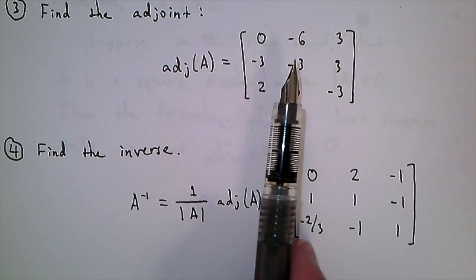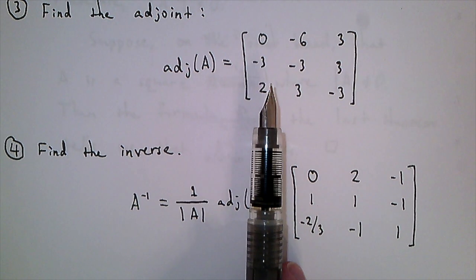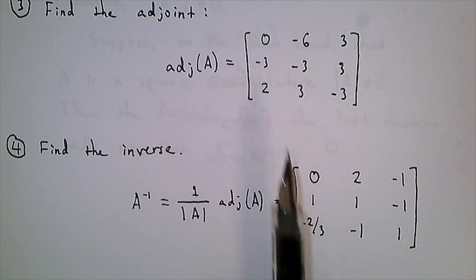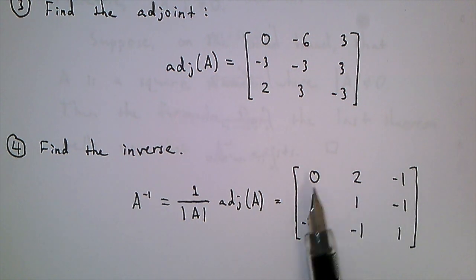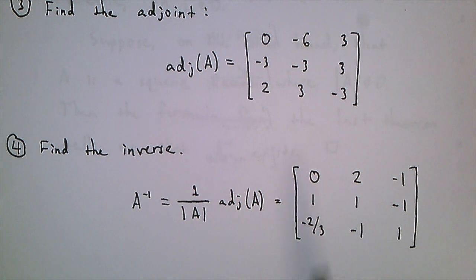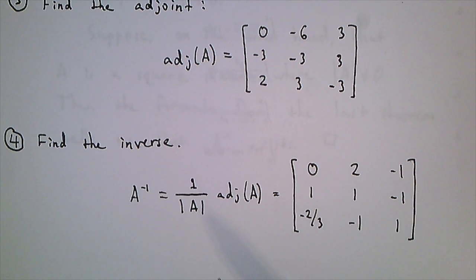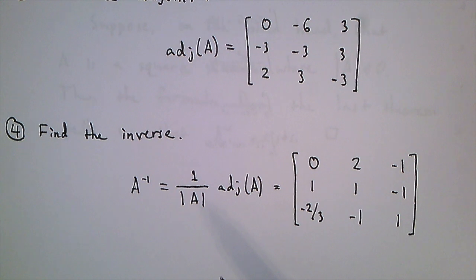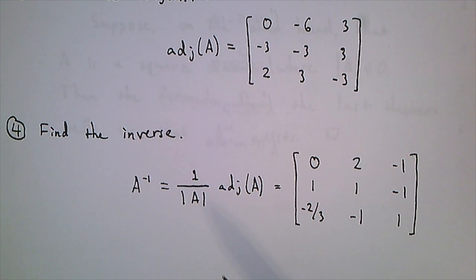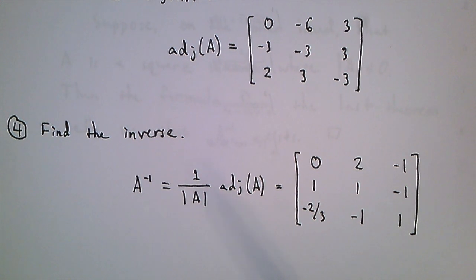So we just divide each entry of the adjoint of A by minus 3, and then we get this new matrix here. So that's how you compute an inverse using the theorem that we just learned and the adjoint of a matrix.